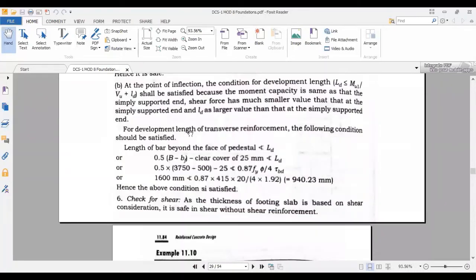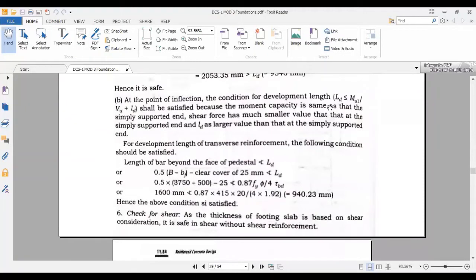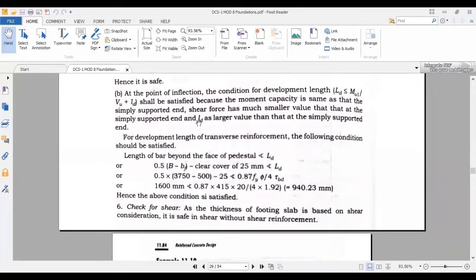And at the point of inflection, the condition for development length LD less than or equal to Mu1 upon Vu plus L0 shall be satisfied because the moment capacity is the same as at the simply supported end. Shear force has much smaller value than that at the simply supported end, and L0 has larger value than that at the simply supported end.